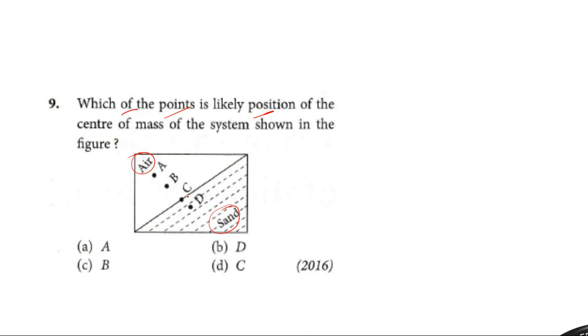But because half the portion is sand, it will come towards the sand. The greater the mass, the closer the center of mass will be to that point. So therefore, option D.